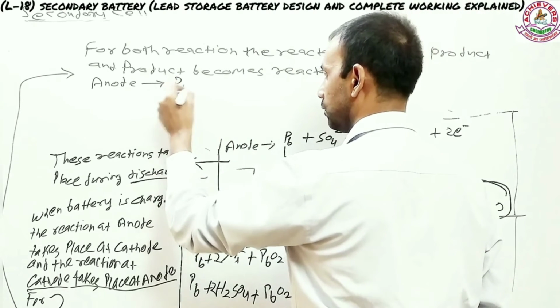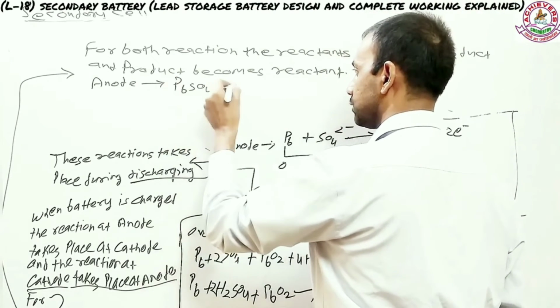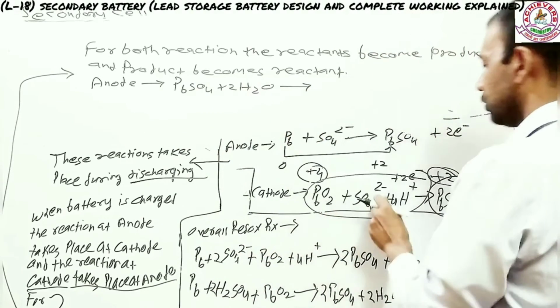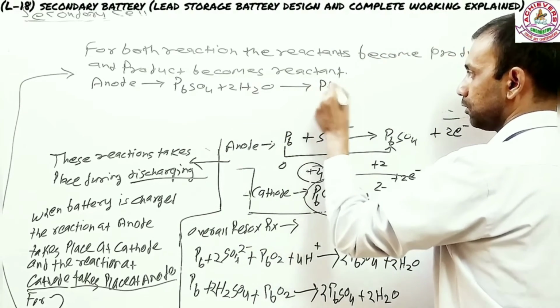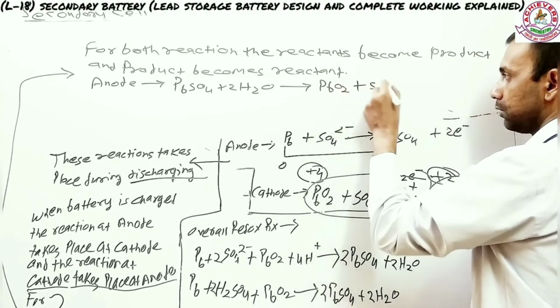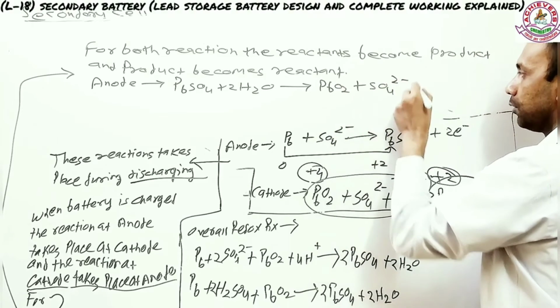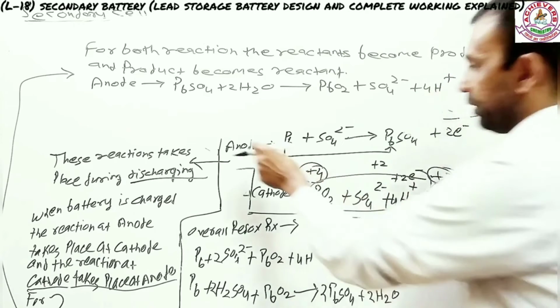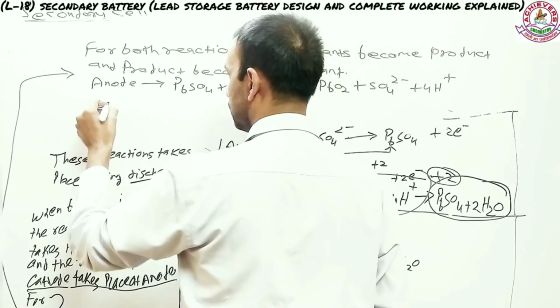So PbSO4 plus 2H2O gives PbO2 plus SO4 2 negative plus 4H positive. And then I'm making this reaction as cathode.